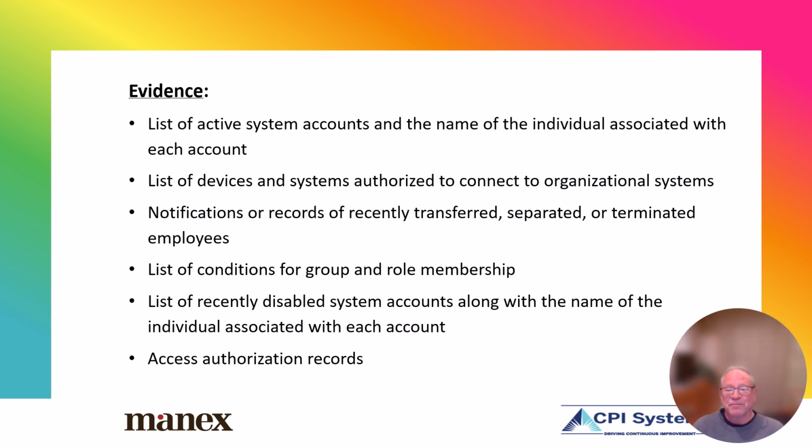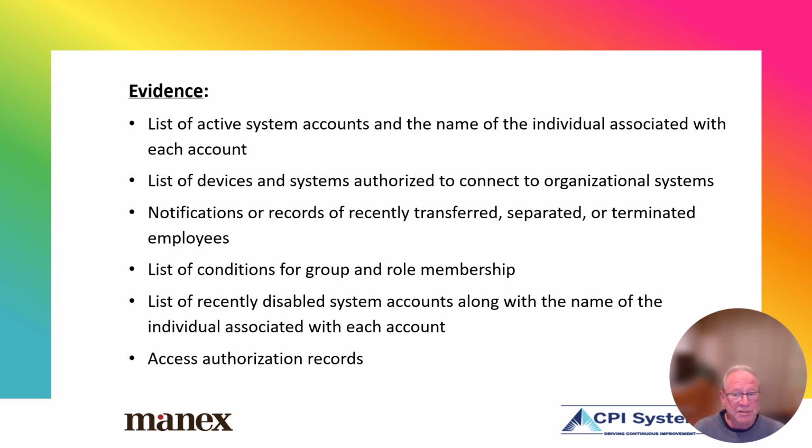Your assessor or even a client may ask for evidence of compliance. This evidence list is naturally built as you implement the SSP, or System Security Plan, but it's these records and procedures that should be controlled as well. For example, active system accounts are documented with a list of approved users.